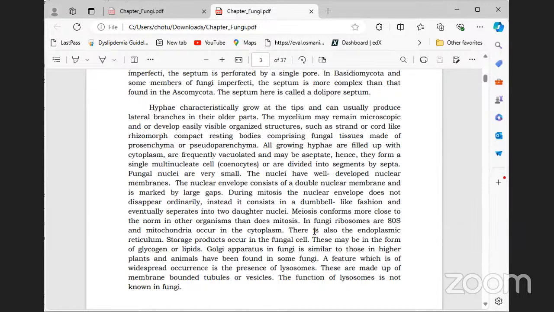And in the nucleus you can observe meiosis, and after meiosis the other organisms also do mitosis, only this one.